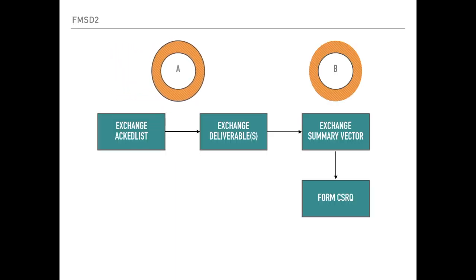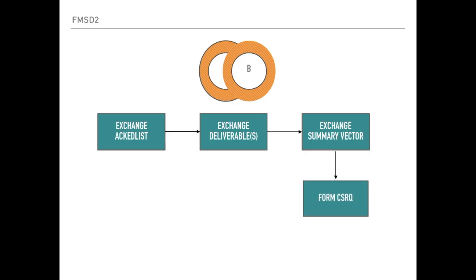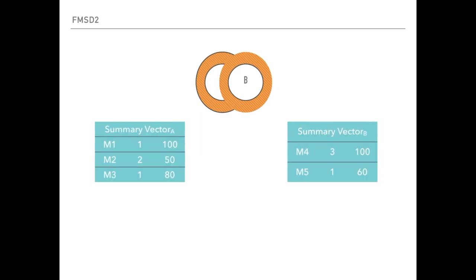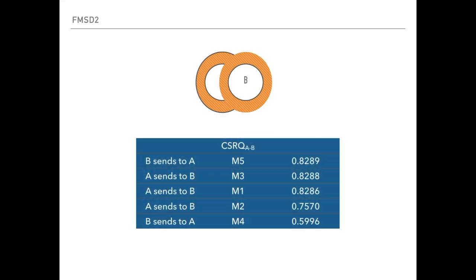Because of that, we propose the FMSD2 protocol, which uses a common sending and receiving queue that simulates a full duplex connection, allowing messages from two nodes to be transmitted on the same connection at any time until the connection is stopped.